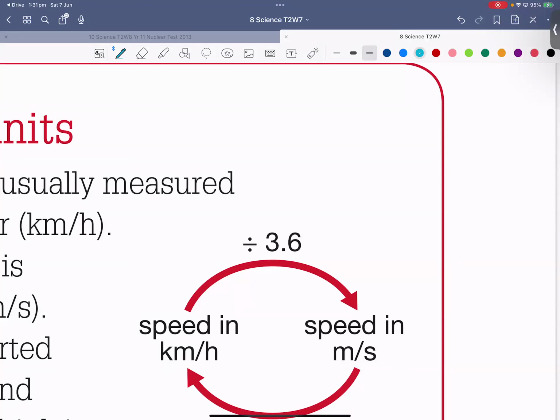Wait, let me write it out first. Might be worse. You said 3 to 1.